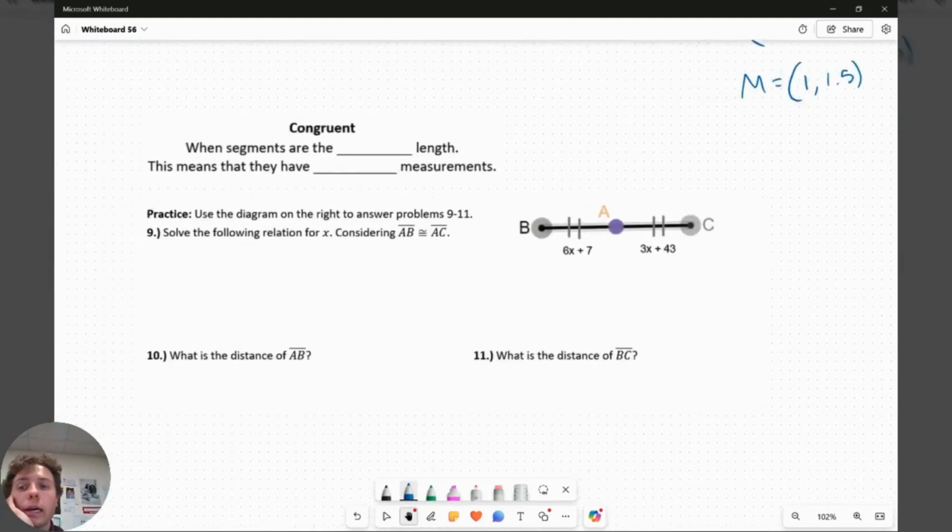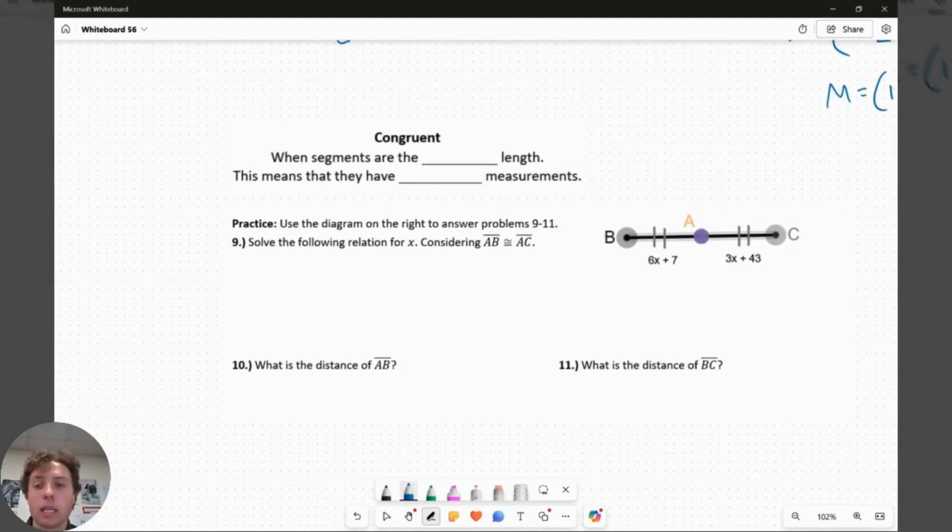Looking at our last type of idea then for this ACT review is congruent. Congruent is a simple idea that means that 2 things are the same measurement, the same length, the same angle, meaning that they have equal measurements. So if you're told that 2 angles are congruent, the angles are the same measurement.